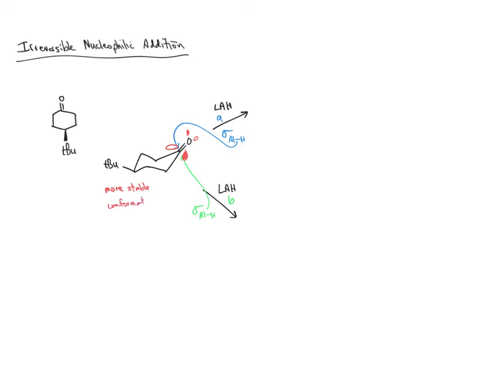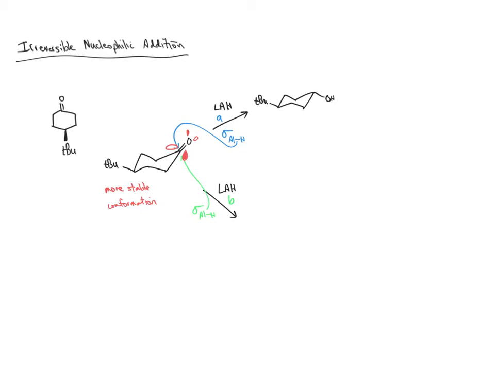Okay, so from this most stable conformation, we're going to get actually two different products. The first product we're going to get by mode of attack A is going to have the tert-butyl group and the alcohol group, after protonation, in a trans fashion.